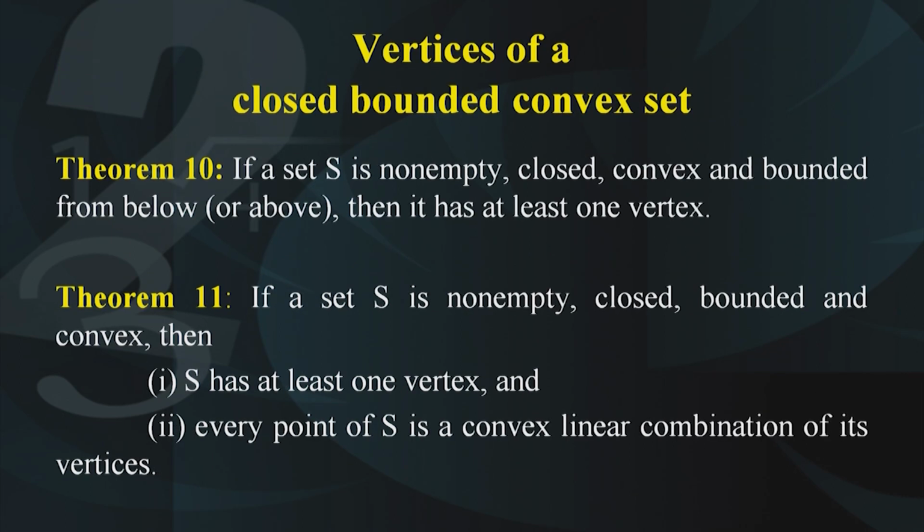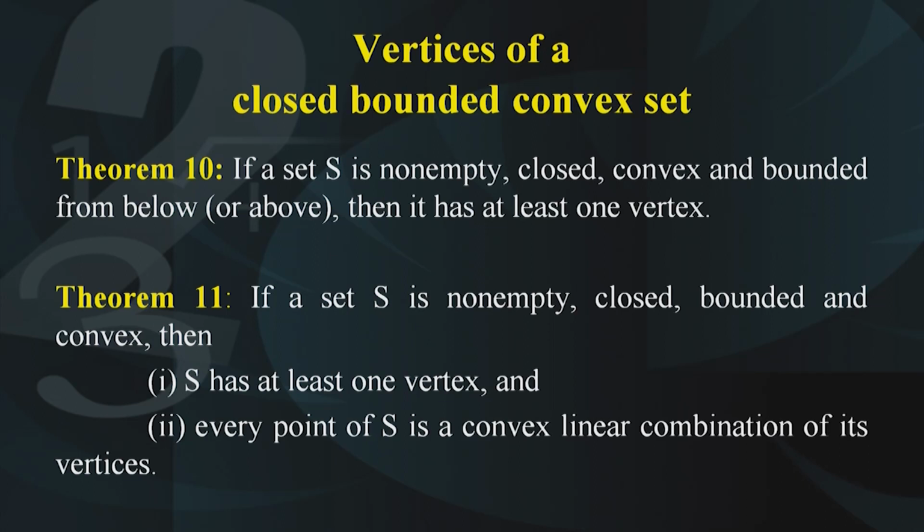Now, let us look at what we mean by the vertices of a closed bounded convex set. Theorem 10 tells us that if a set S is non-empty, closed, convex and bounded from below, or let us say above, then it has at least one vertex.